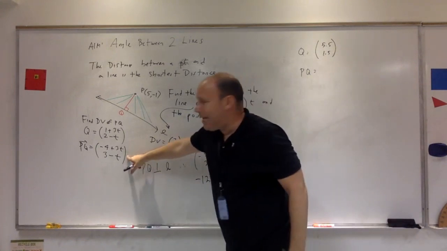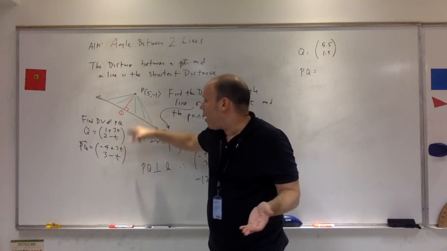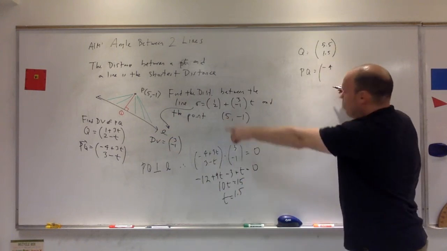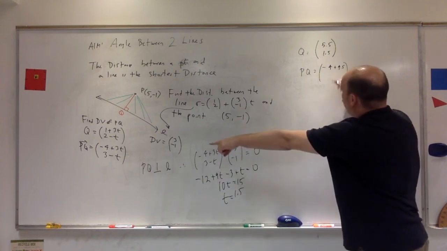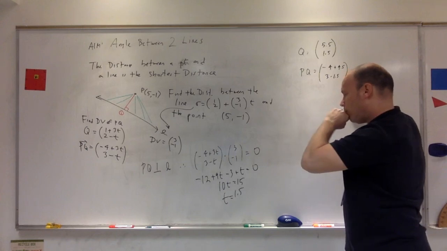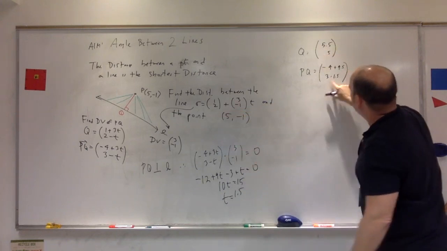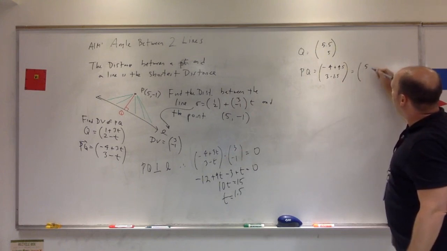We found it already here. That's what's great about the direction vector. We don't need to do this over again. So it's negative 4 plus 4.5 and 3 minus 1.5. No, I'm sorry, Q is 0.5. This is the final answer. This is 0.5 and 1.5.